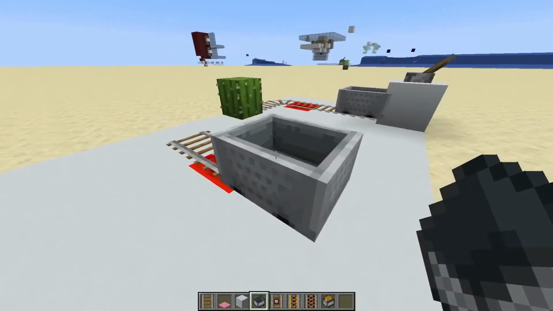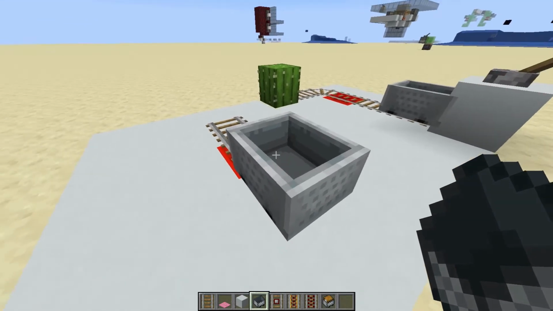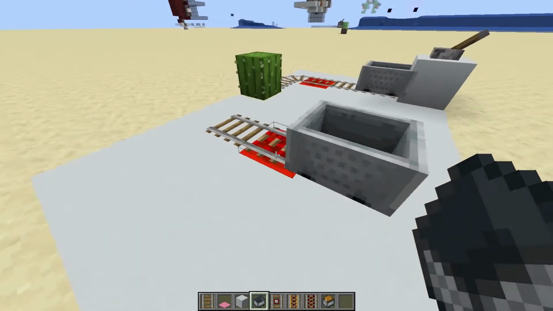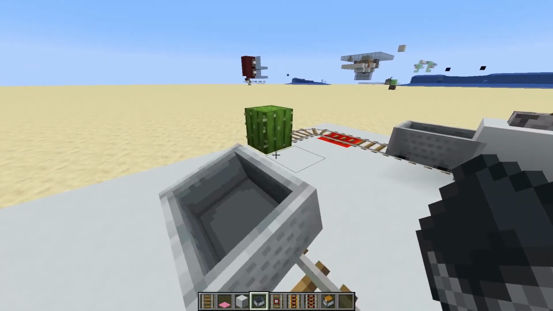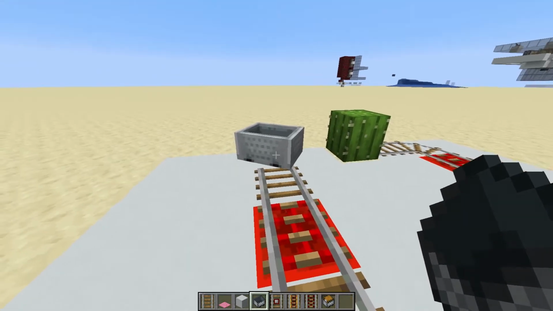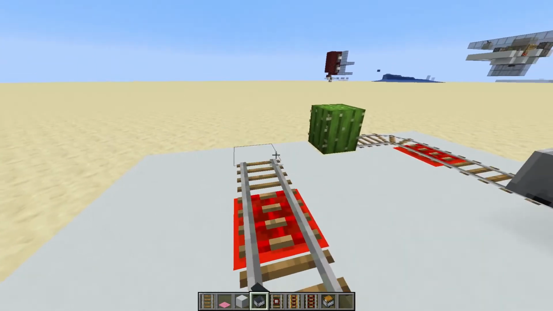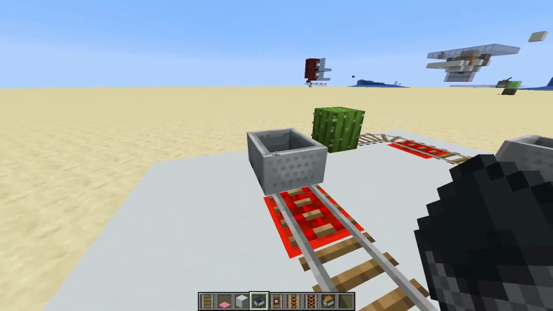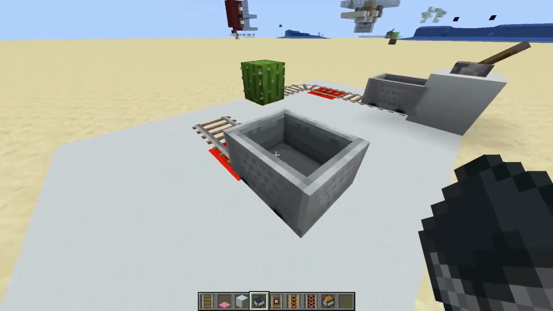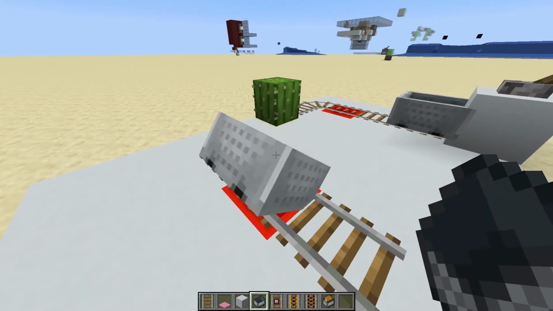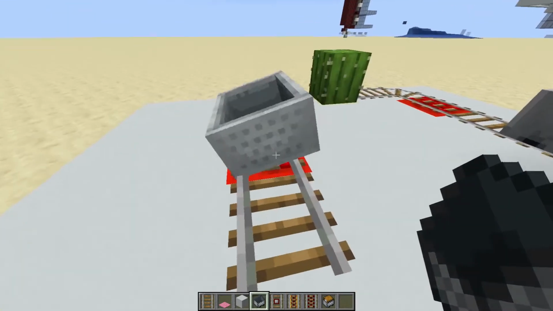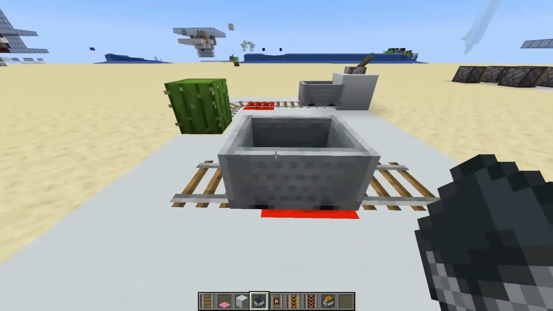Look at how the minecart behaves when it is going over the activator rail. You can see that it shakes for a second, and that is just a visual thing, and it doesn't really do anything.